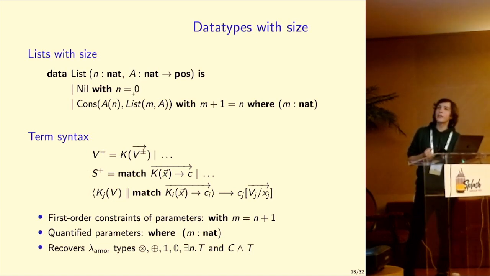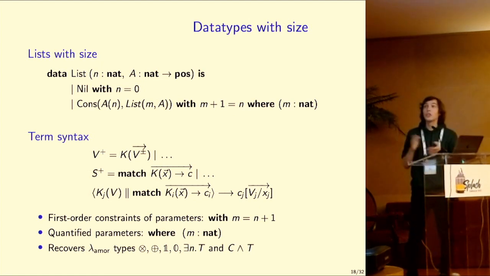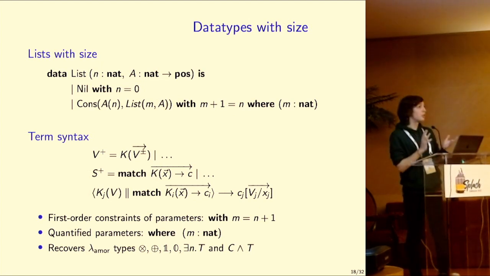And the list is either a nil constructor, which holds no element and has size 0, or it is a node in the list, which has an element of type A(n) and a tail of the list, where the tail has size m, and we have a constraint that m plus 1 equals n. And we write it this way instead of n minus 1 to avoid the problems of subtraction not being quite a total function on natural integers.